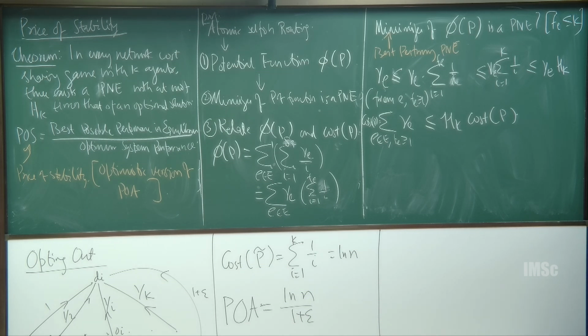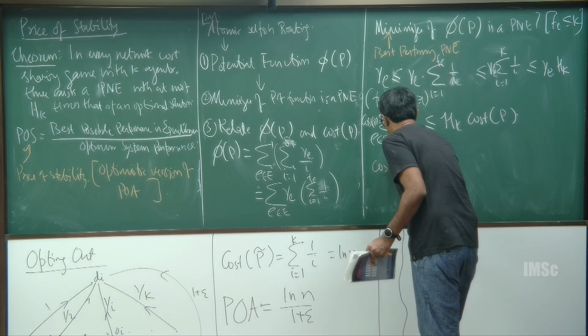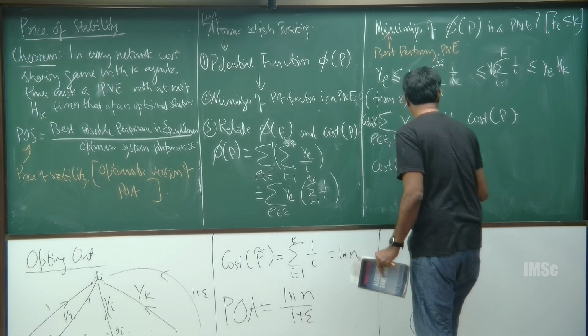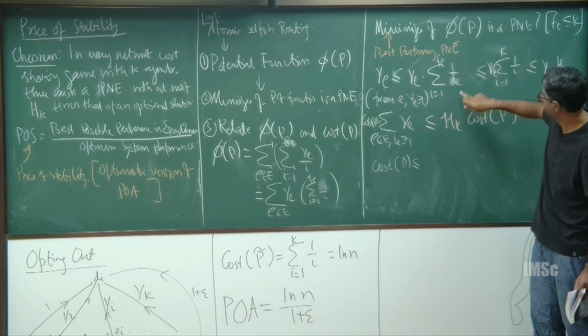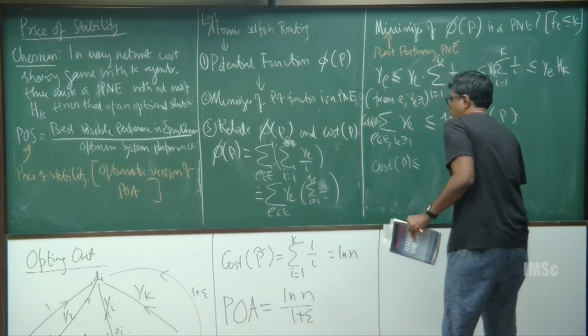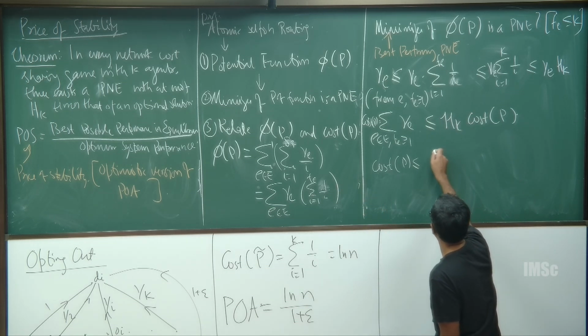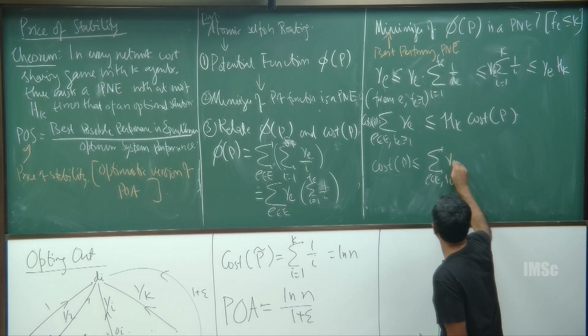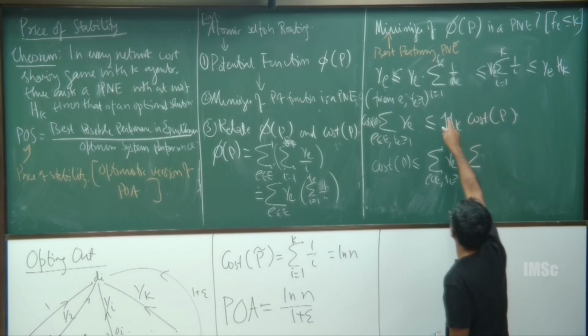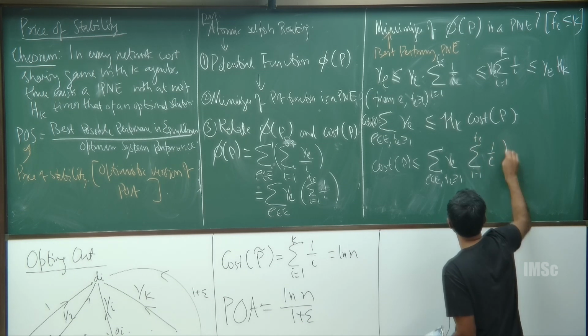Okay. So, what did we derive from here? From here we derived cost of P is less than or equal to, when you did all this summation of gamma, all this thing, which was nothing but, right. So cost of P, I can write it is less than or equal to basically, think of it this way, the sum over E in E with F E greater than or equal to 1, gamma E, and that term, I equal to 1 to, correct.